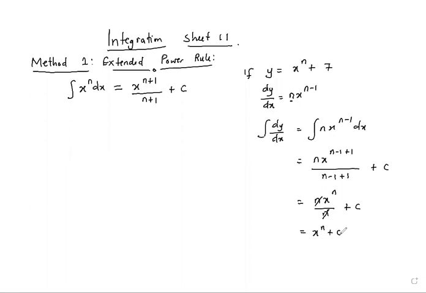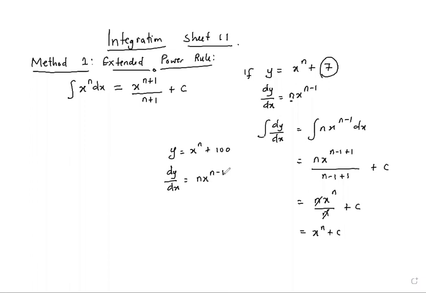Now we get plus c because really so many constants, when you differentiate them, give us 0. So we may not know exactly that the one we were dealing with was 7 or anything else, because even if y was x to the power n plus 100, we would have still gotten the same dy dx.